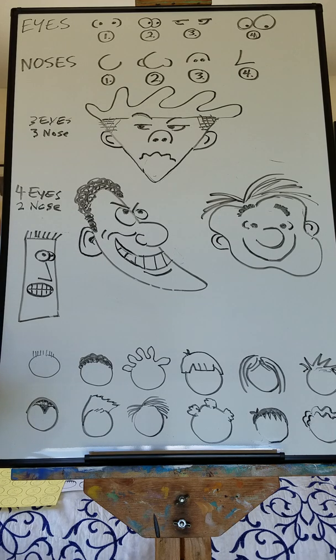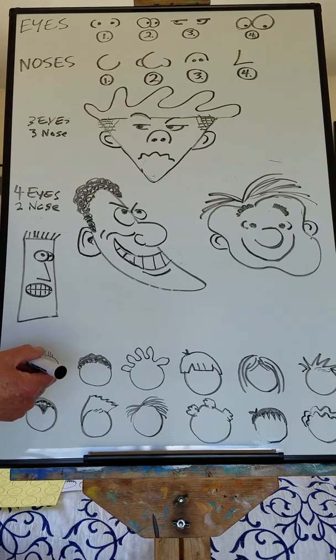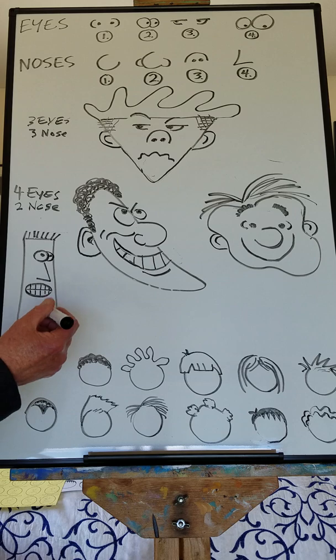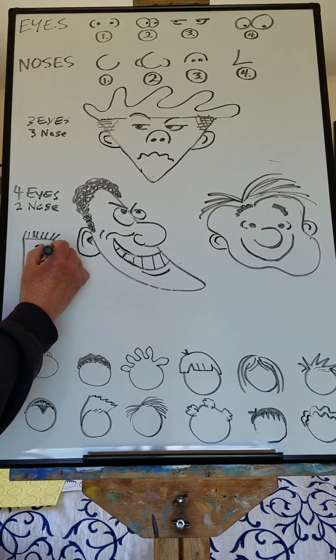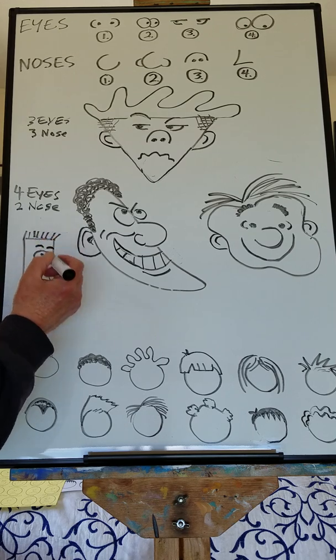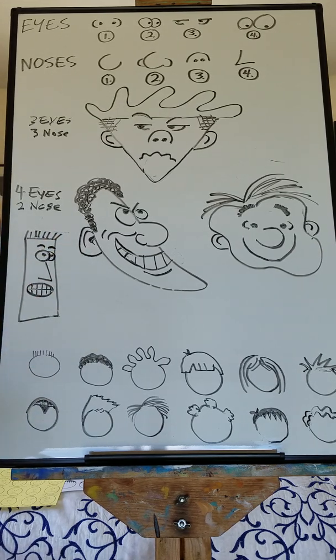So what are his eyebrows going to tell us? On the one I did, where is it? I just had it hovering over the top, so it was a mild eyebrow.